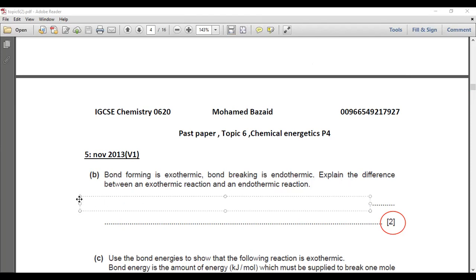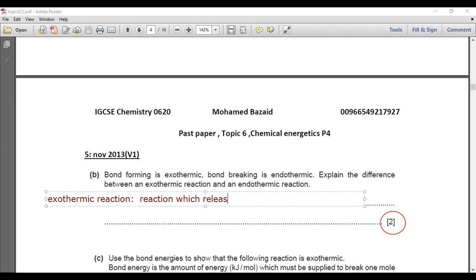So exothermic reaction, the reaction which releases thermal energy to the surroundings.